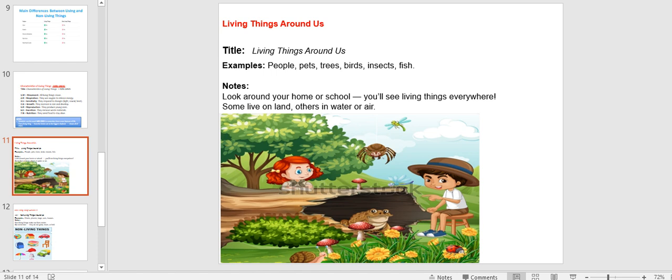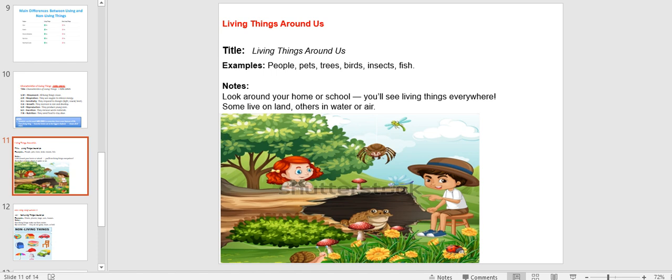Look around your home or school. You'll see living things everywhere. Some live on land. On land we have plants and animals. Others live in water. In water we have fish, frogs, and others in air. In air we have the insects.